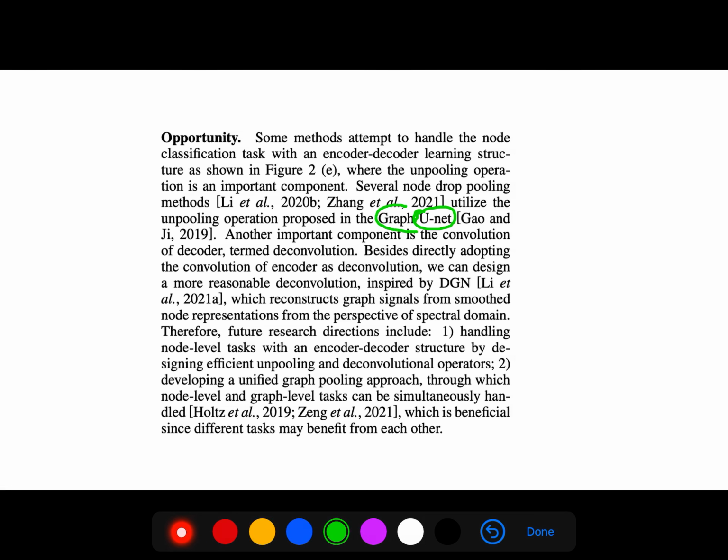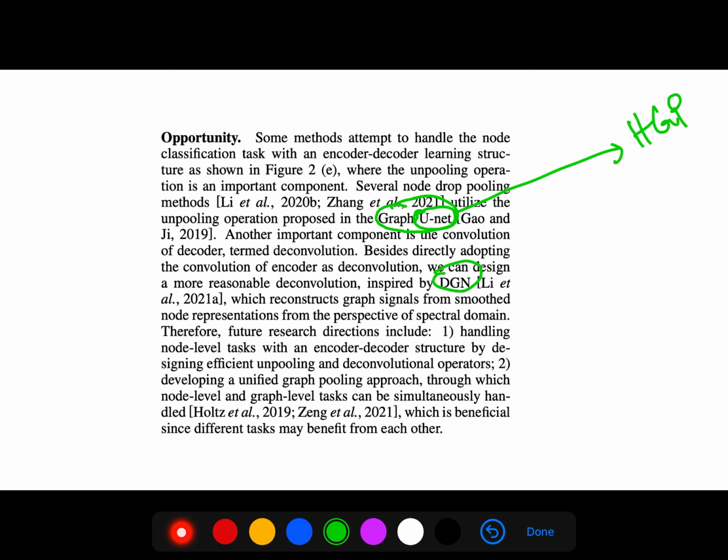Then they generalize Graph U-Net for hierarchical graph pooling. Another important component is the convolution of the decoder, termed deconvolution. Besides directly adopting the convolution of the encoder as deconvolution, we can design a more reasonable deconvolution, inspired by this article, which reconstructs graph signals from smooth node representations from the perspective of the spectral domain.